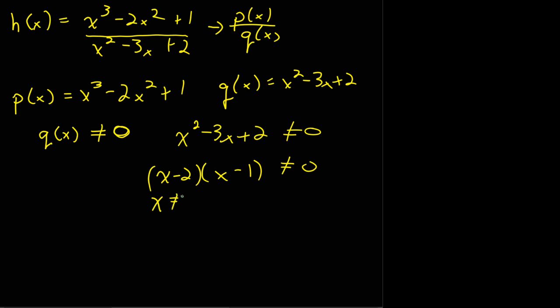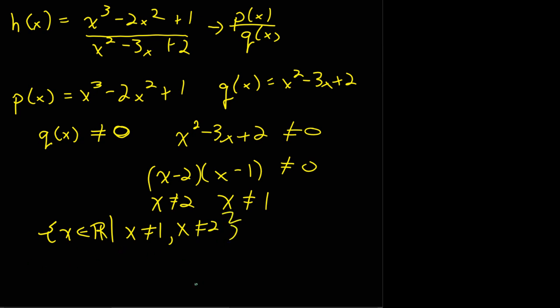So x can't equal 2, and x can't equal 1. So if I multiply these together, I get this. And we treat it like it's an equal sign, but we say, hey, you can't be those things. And so we can say x is an element of all real numbers, but x can't equal 1 and x can't equal 2. We can write it in set notation like that.